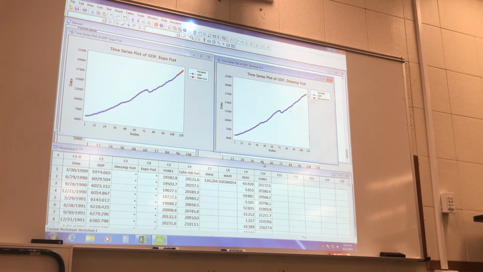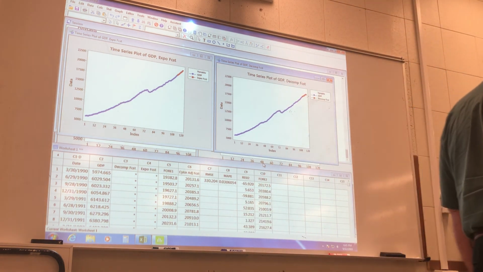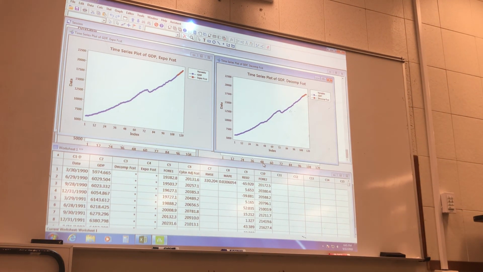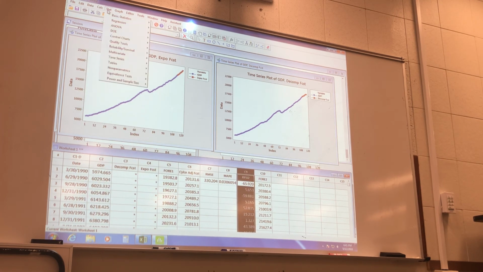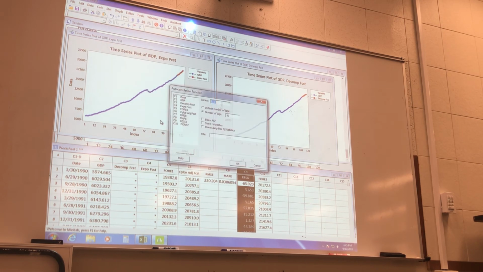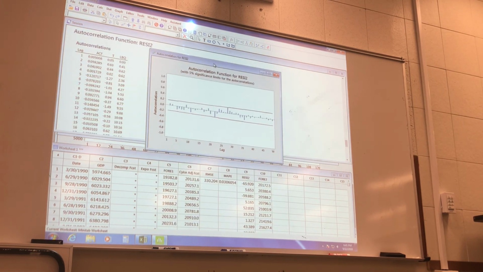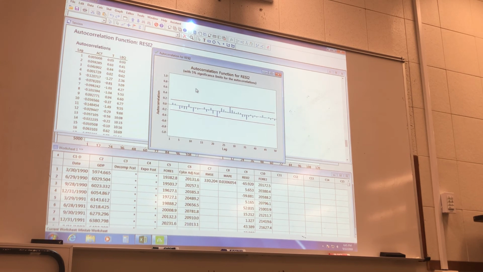So, there's something else we need to look at too. Remember we saved the residuals for this model? Okay. Stat, time series, autocorrelation functions for the residuals. Let's look at the autocorrelation functions for these residuals. Are these residuals significant?